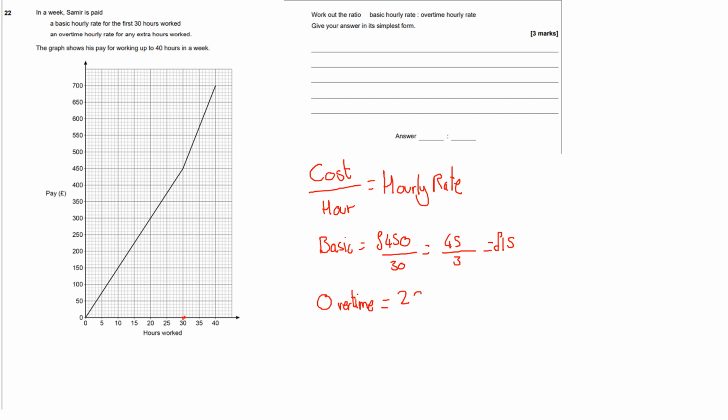So that's 250 divided by 10, which is 25. So the ratio of basic hourly rate against overtime hourly rate is 15 and 25. So let's move on to the next question.